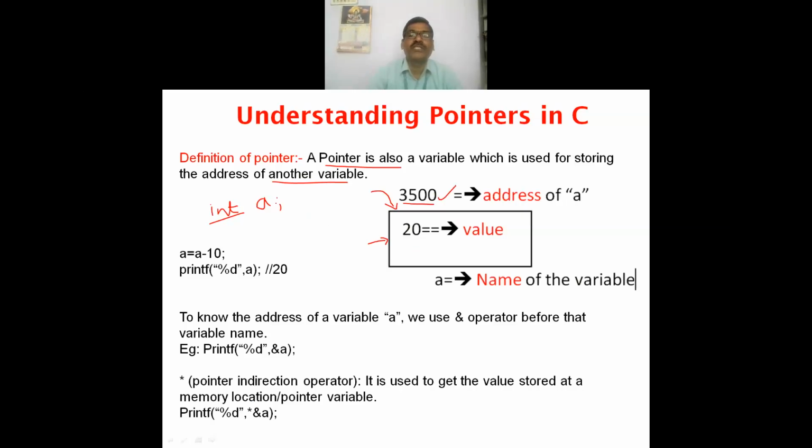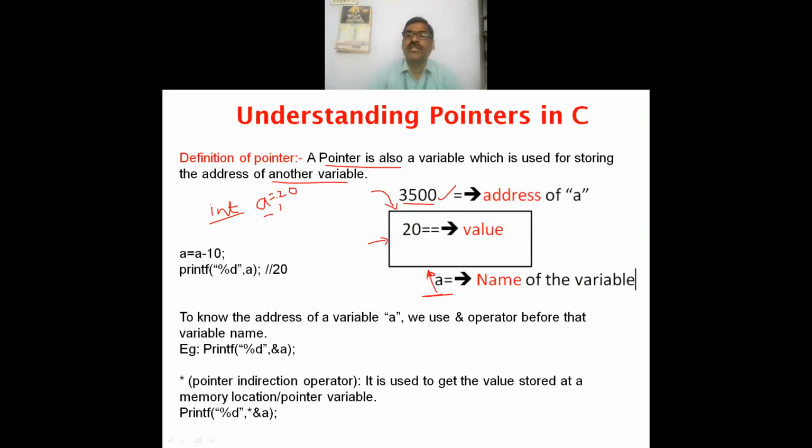And suppose you are storing int a is equal to 20, that means the value 20 is stored in this particular allocated memory. Fine. This memory will have a name associated with it. The name we have given here is a, so this is the name associated with this memory location.